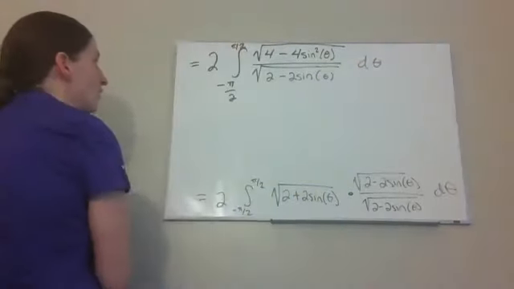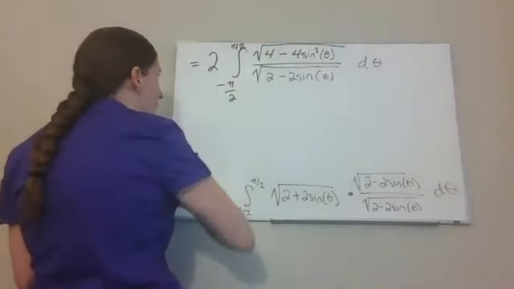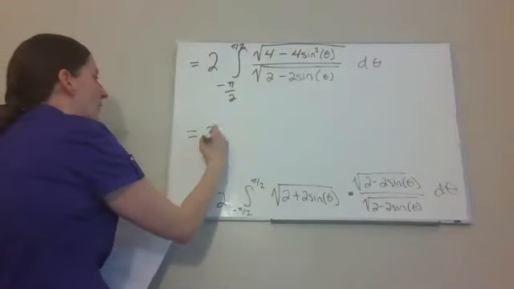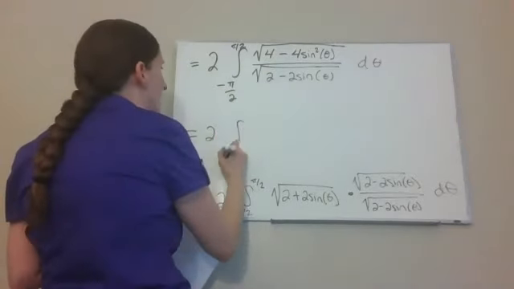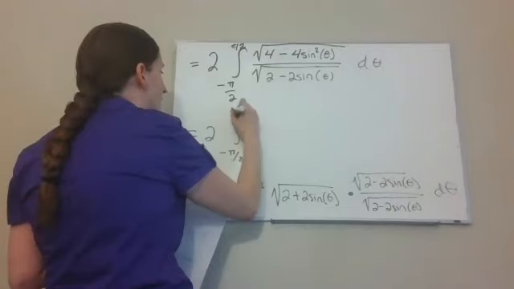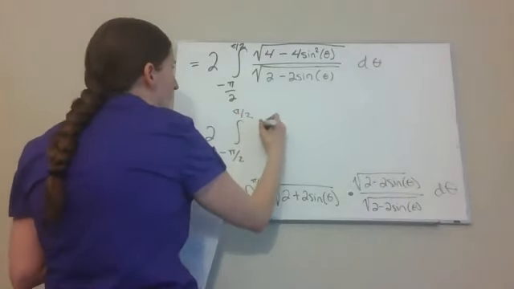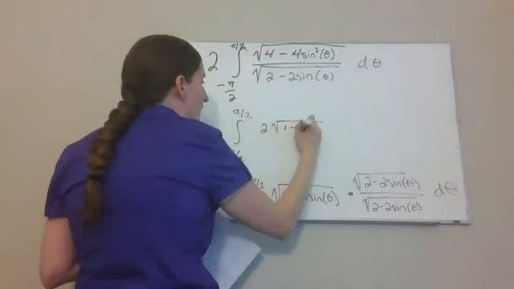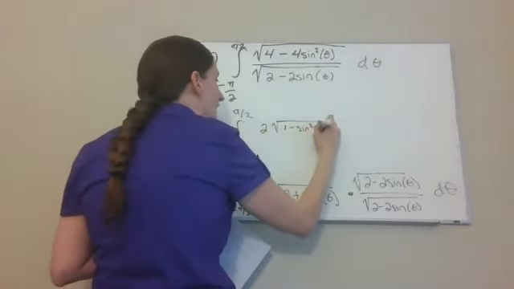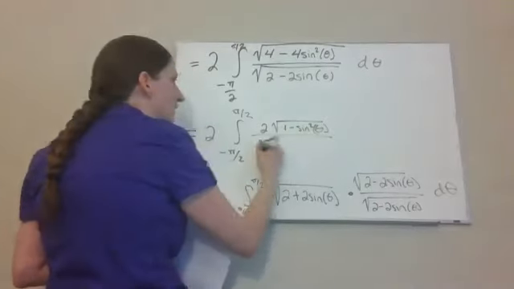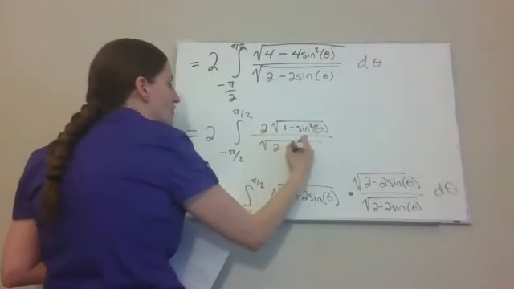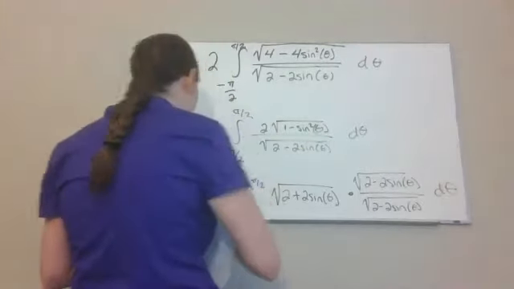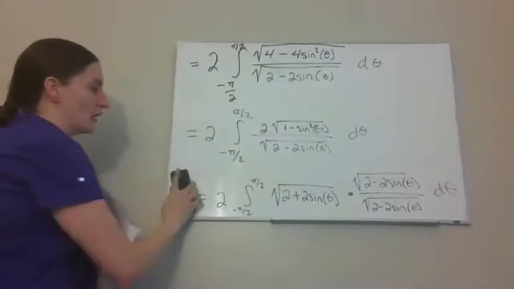So then in the numerator, I can factor out a 4 and take the square root of that 4. So I get 2 times the integral from negative pi over 2 to pi over 2. My square root of 4 is 2. And I still have a square root of 1 minus sine squared theta, and a square root of 2 minus 2 sine theta d theta.